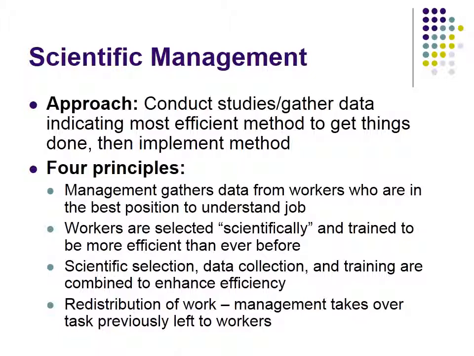The third principle is that scientific selection, data collection, and training are combined to enhance efficiency. This should be a solid process of scientific selection. We use selection techniques that we know are reliable and do predict performance. Once someone is in, we start collecting data about their performance, and when we find a problem with that performance, we implement scientifically backed training to increase that performance.